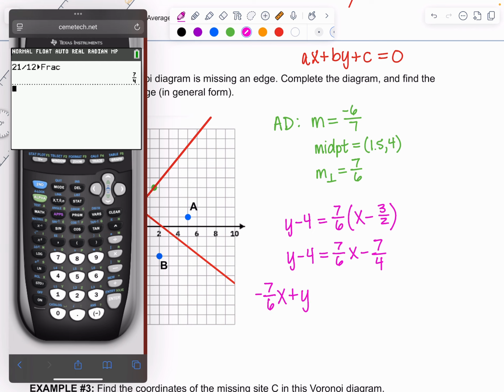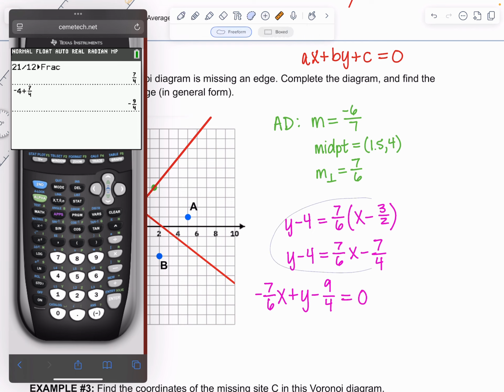The y stays positive. And then we're also going to keep the negative 4 negative. But then remember, we got to add the 7 over 4. So negative 4 plus 7 over 4, because remember, it's going to turn positive. That's going to turn into negative 9 over 4. And that's going to be equal to 0.